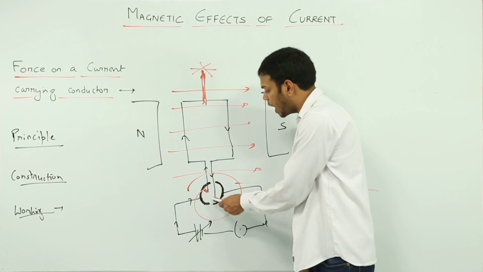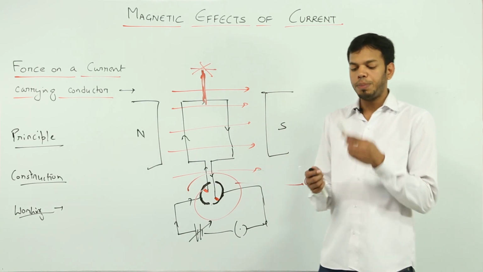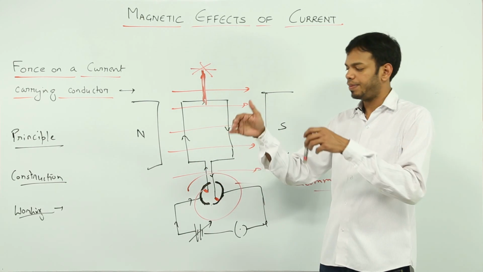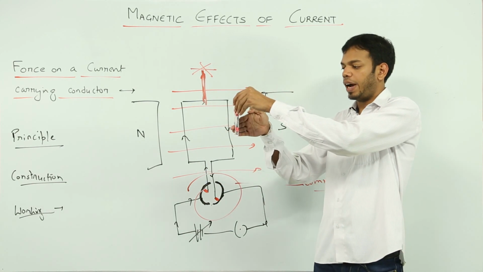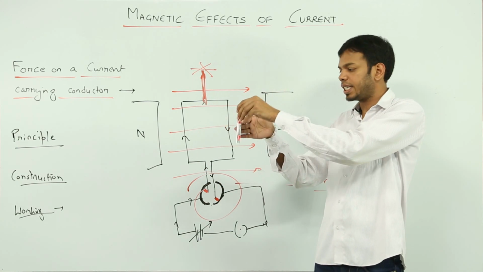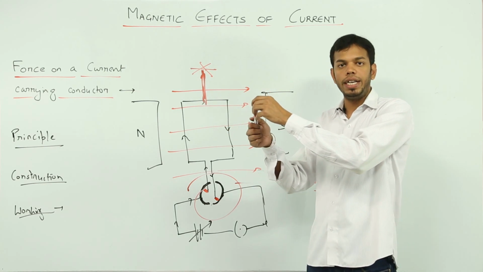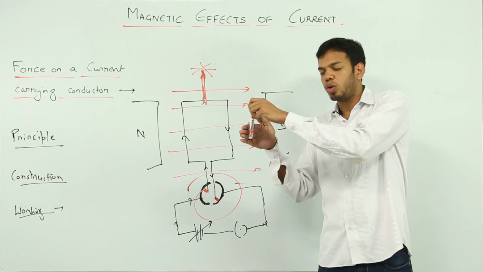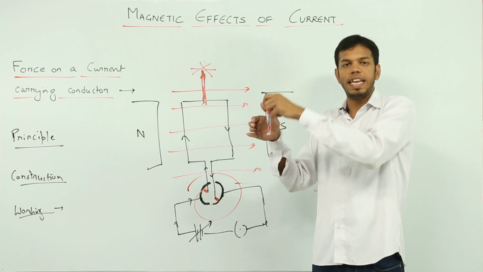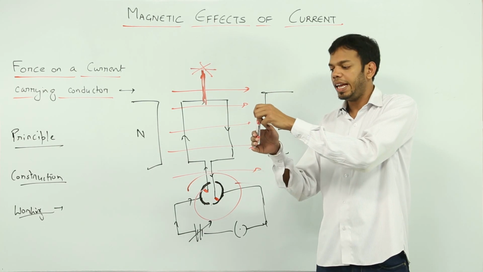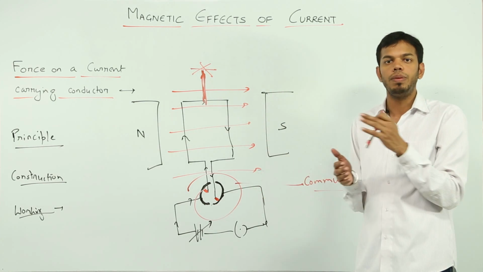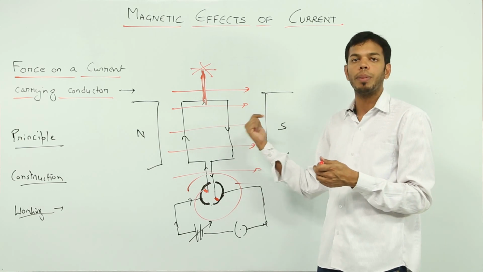The purpose of the carbon brushes was that, suppose this is my wire and this is my ring, the wire is rotating in connection with the ring, but at any point, due to any technical snag, it can get minorly out of contact, right? Because these are very stiff arrangements. If it gets out of connection, the whole circuit breaks, there will not be any flow of current, and it will stop rotating.